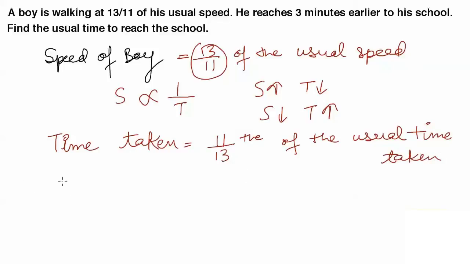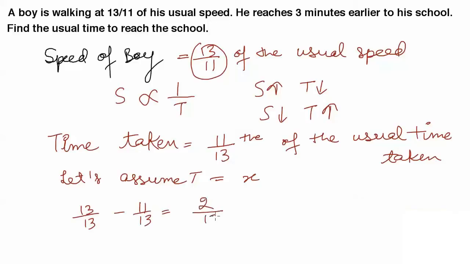So the usual time taken, let's assume t, usual time taken, is equal to x. So the usual time taken is 13/13, and right now he is taking 11/13. So it's 2/13. So the boy is taking 2/13 of x less than the usual time.